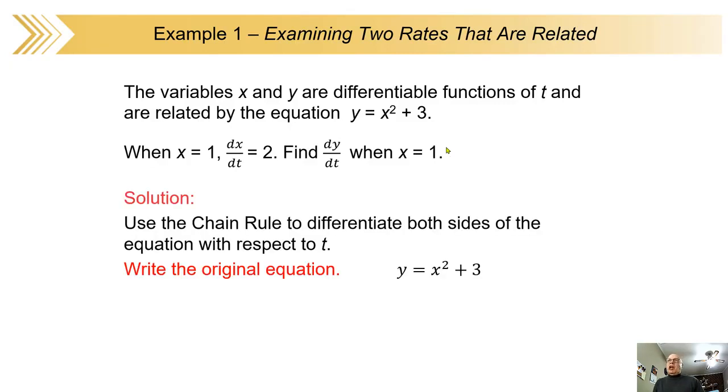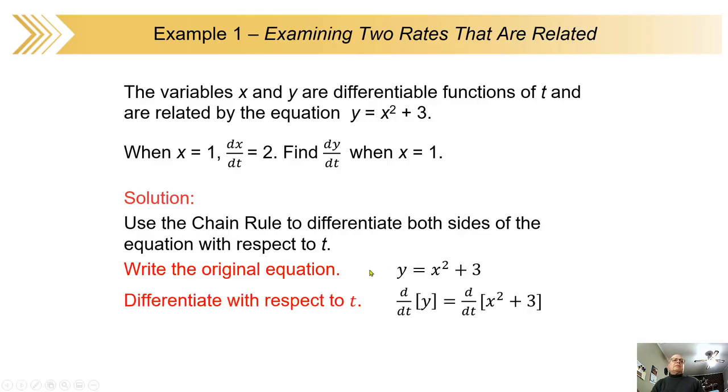We're going to use a chain rule. That shouldn't be any surprise. Chain rule with implicit differentiation. So here's the original equation. We'll differentiate that. So we split it up into individual terms. Take the derivative of y, the derivative of x squared, the derivative of 3, and all of those will be with respect to time, not x.